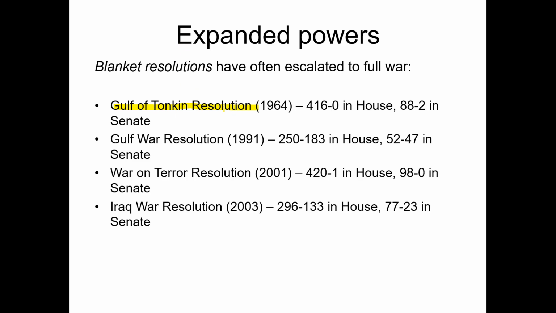The Vietnam War, there was a 416-0 vote in the House for President Johnson to take care of that problem in Vietnam, 88-2 in the Senate. But within just a few short years, that had escalated into a full-scale war, and by 1968, it was so out of control, and did not seem to be winnable the way that they were doing it, that President Johnson literally decided not to run for re-election.